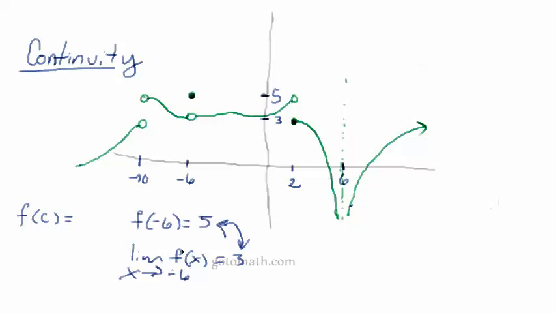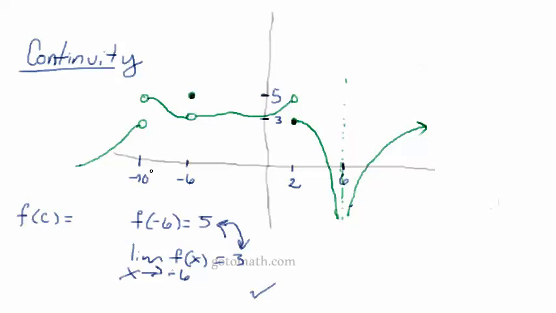So that last condition down here is not met, and therefore it's not continuous at negative 6. So if we're talking about the definition, we have to go by this definition of continuity. And so the third one fails, and therefore we can show mathematically, without just looking at a graph, that it's not continuous here.